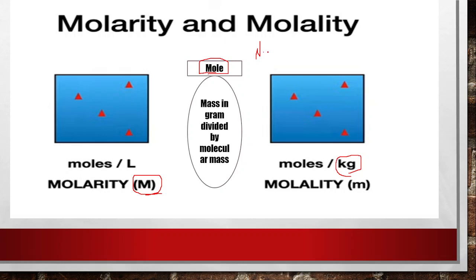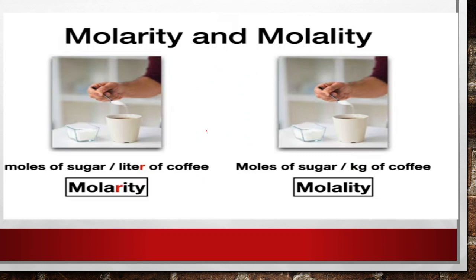Sodium and chloride molecular masses are both calculated and added together. Then the mass in gram is divided by the molecular mass of sodium and chloride, and by this way we get the number of moles.